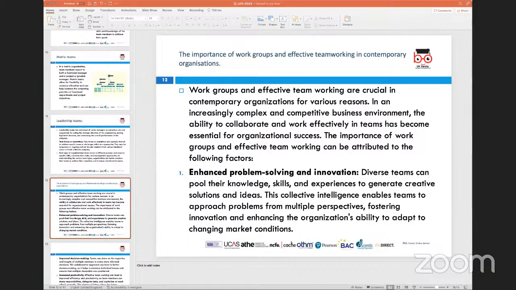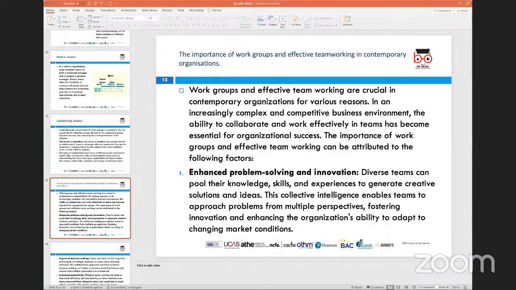So when people work effectively in a group, brought together to achieve a larger objective, not individual objectives, you would generally come across the term work groups. I think that is what you would need to understand.